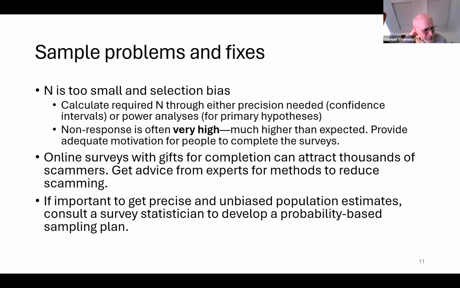Yeah, it's a tough one. The selection bias is the most serious problem. I don't think it's typically that serious if your research question is looking at correlations, where you're predicting something.